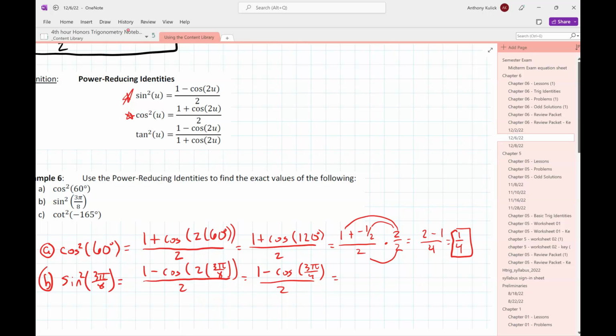Again, that's going to be negative because it's in the second quadrant. We're doing cosine, and that is actually negative root 2 over 2. And once again, to get the fractions out of my big fraction, I'll multiply the top and bottom by 2 over 2. It's going to give me 2 plus root 2 over 4.